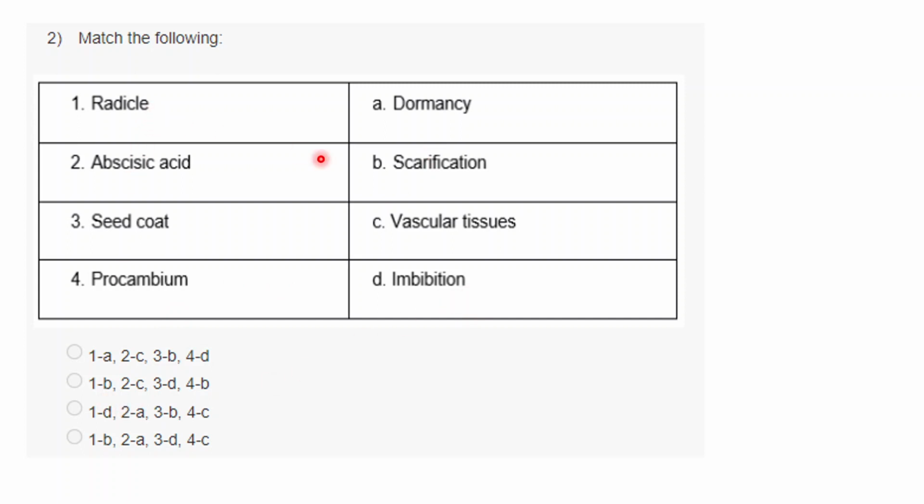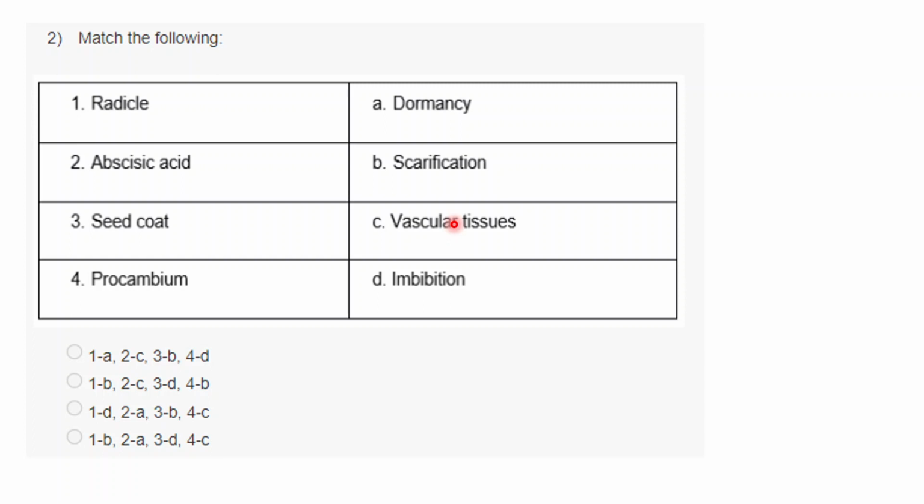The next option is 1B, 2C, 3D, 4B. The third option is 1D, 2A, 3B, 4C. And the last option is 1B, 2A, 3D and 4C. So these are the four matches in the options.